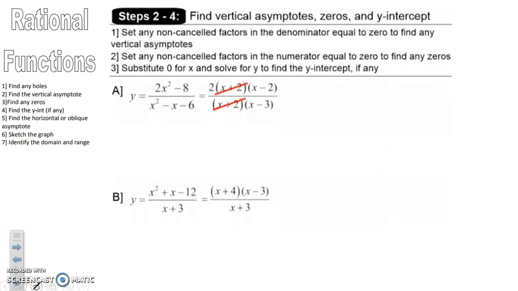For our steps 2 through 4, we're going to complete them once again with the same example. The first thing that you want to do is set any non-cancelled factors in the denominator equal to 0 to find any of those vertical asymptotes.